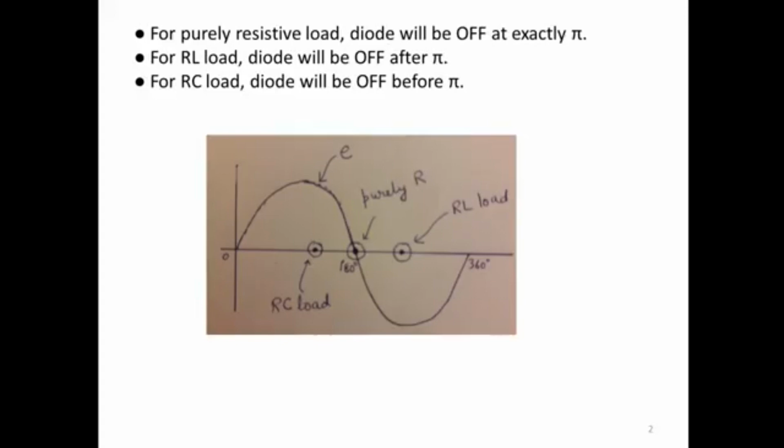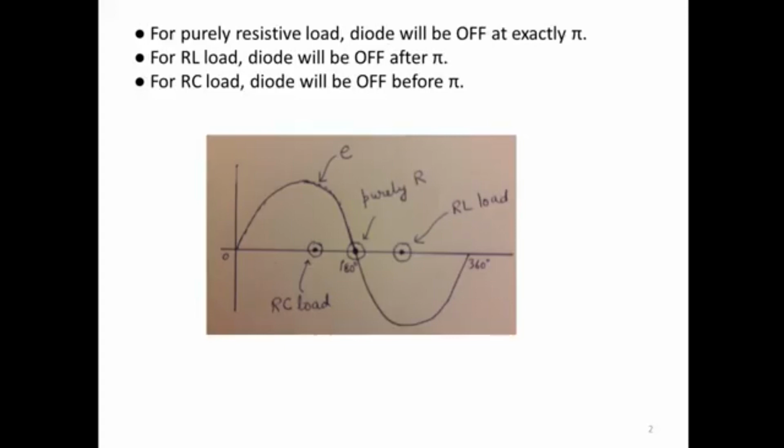That is, the current will be 0 exactly when the voltage becomes 0. That is what you can see in the figure. The point which represents the purely resistive case, 180 degrees, is the point at which the voltage becomes 0.